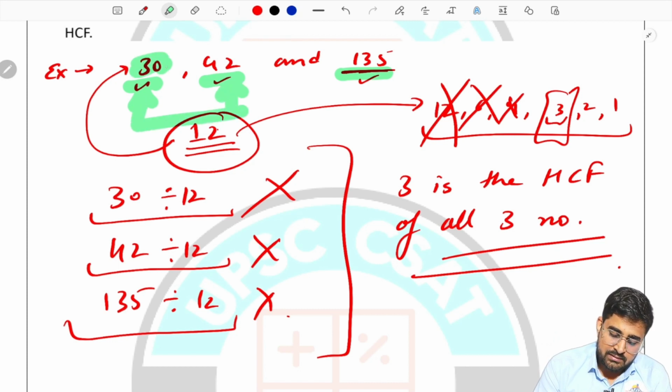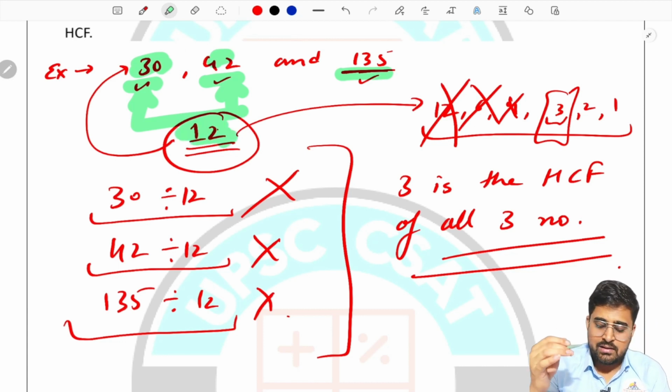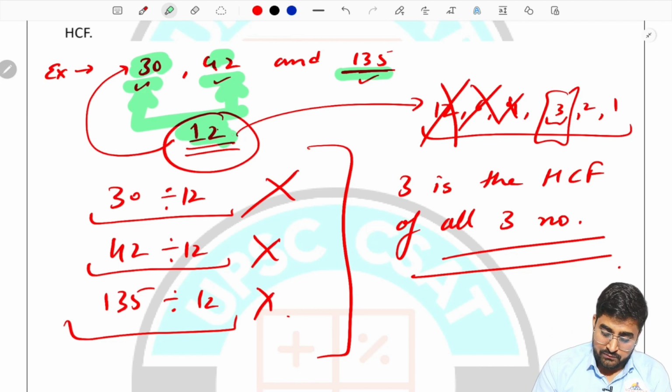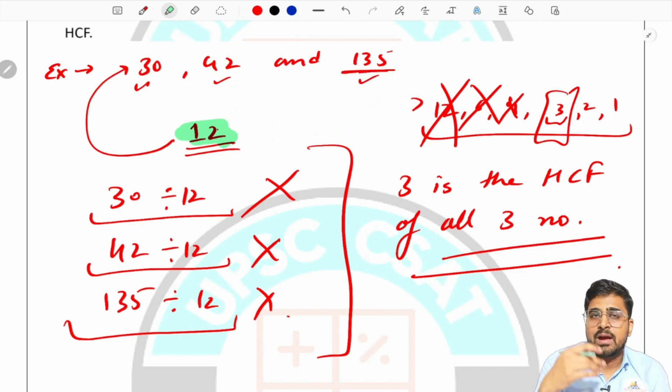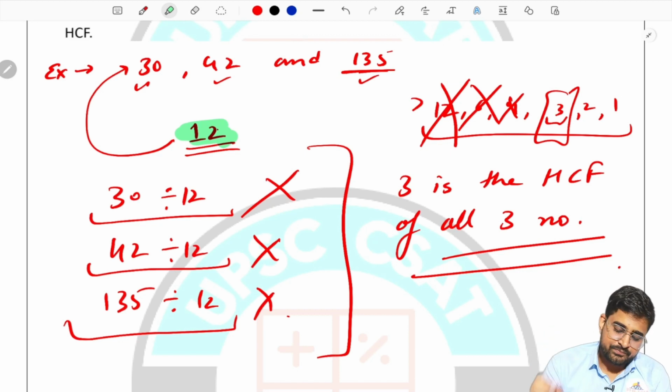In this case, the difference is 12 itself. Then check whether the difference, which is 12, is going to divide all three numbers or not. If the answer is yes, if the difference is dividing all of these, then the HCF is the difference only.